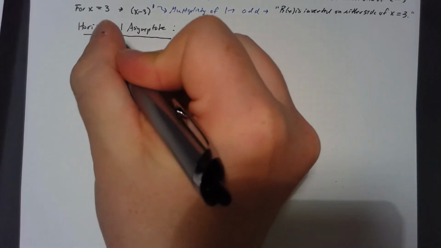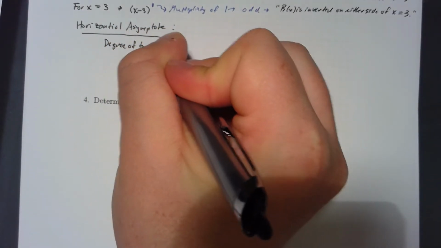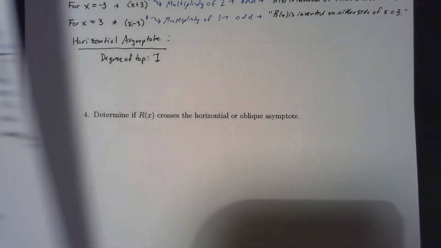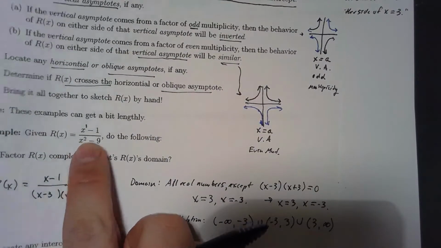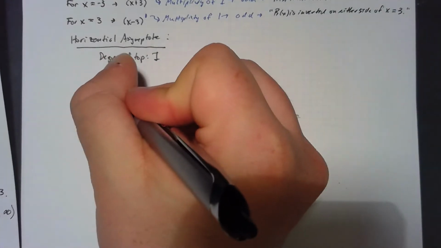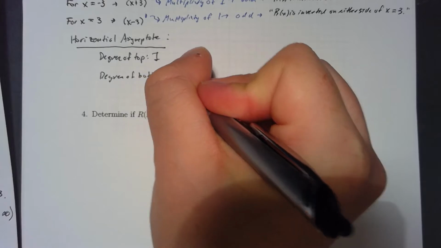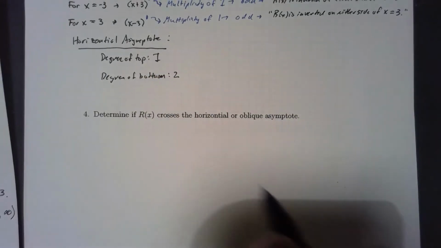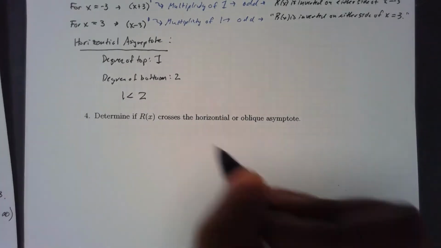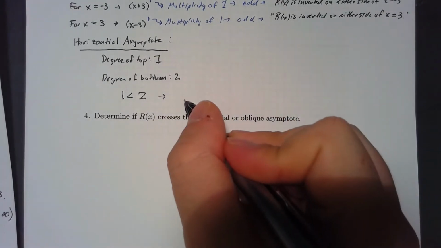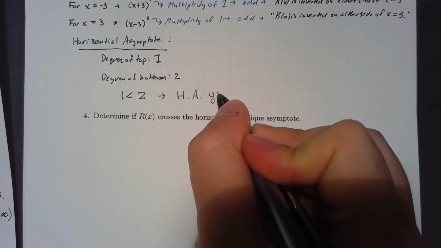The degree of the top is 1. The degree of the bottom, x squared, is 2. So the degree of the top is less than the degree of the bottom, which means I have a horizontal asymptote of y equals 0.